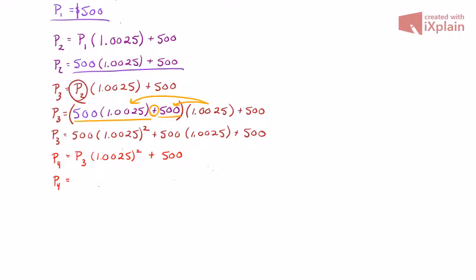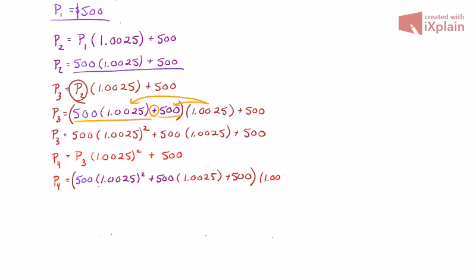P sub 3 is going to be equal to 500 times 1.0025 squared plus 500 times 1.0025 plus 500. So it's this whole thing that's replacing p sub 3.